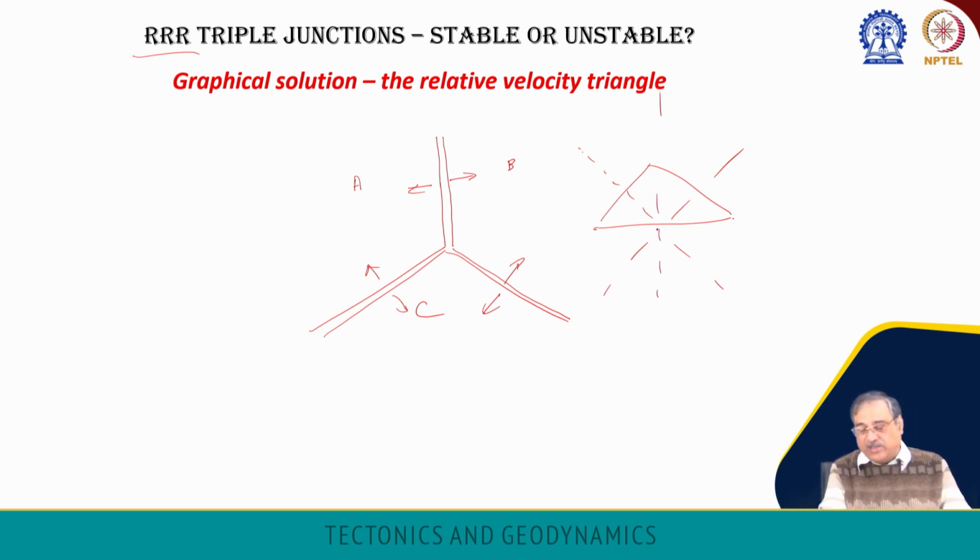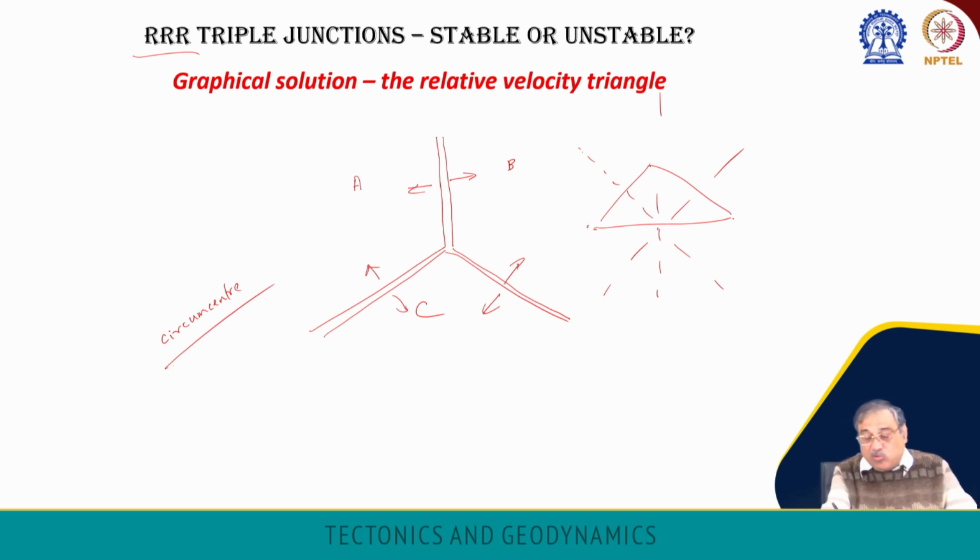Obviously, they will always meet in one single point. That's a rule of geometry, something that Euclid has told us. So we know that they're going to meet at a point, and that would be the circumcenter.